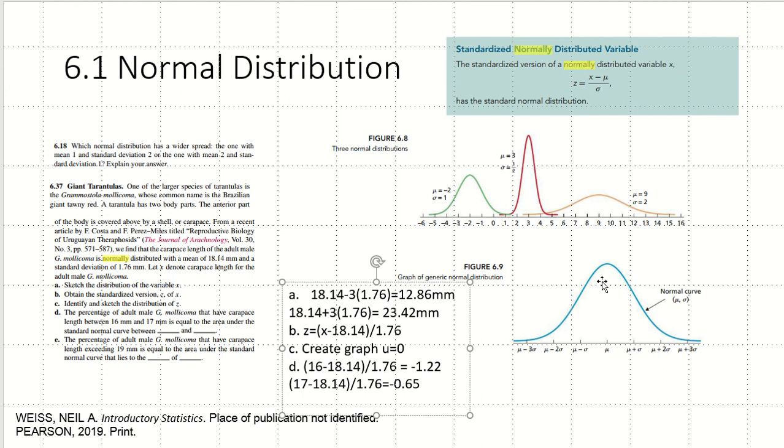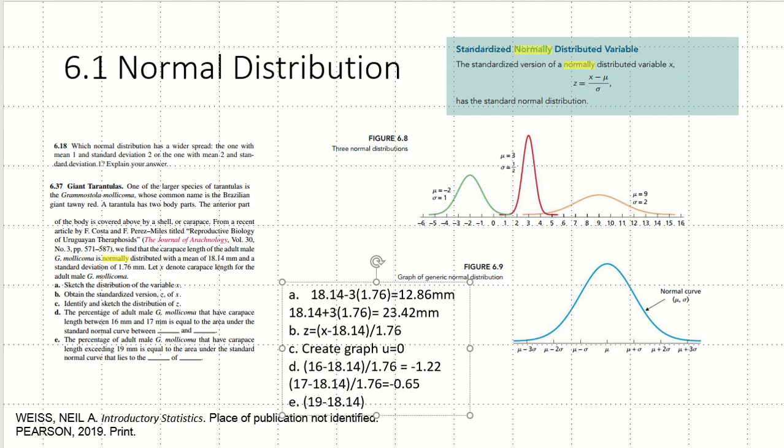And then the last part, E, asks about the length exceeding 19 millimeters being equal to the area under the standard normal curve. So for the standard normal curve, we use the z equation, and so we'll put 19 minus 18.14, and I always forget the parentheses.